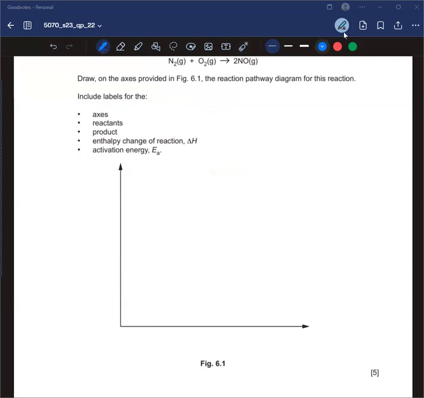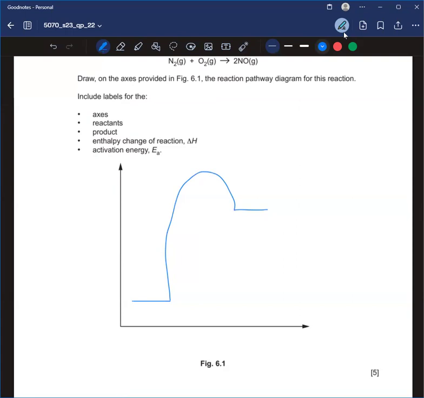As you know, it's endothermic, so the reactants would be at a lower energy level, and the products would be at a higher energy level. I'm digitally drawing it, and it's not that accurate, but it's kind of similar.